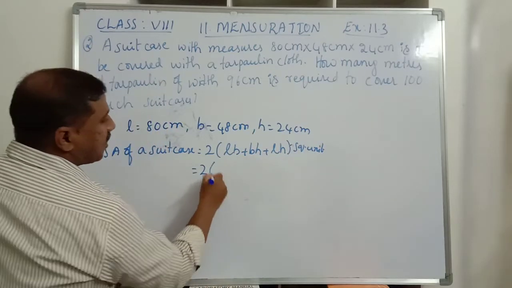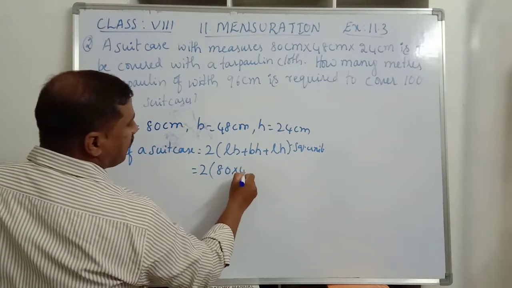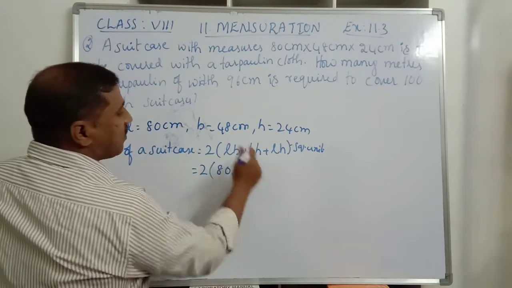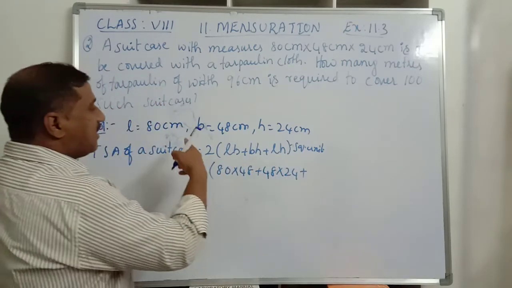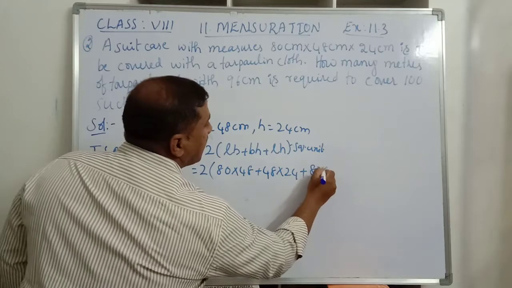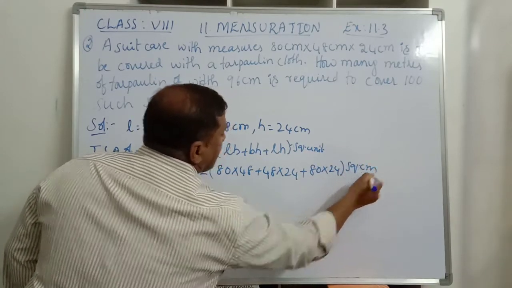Now substitute: 2 into (80 into 48 plus 48 into 24 plus 80 into 24) square centimeters.